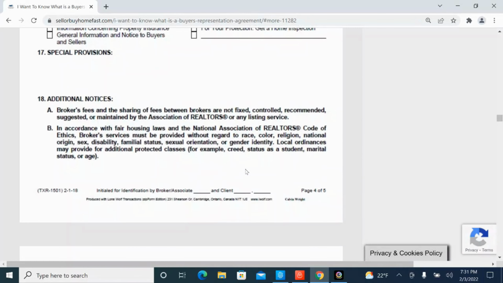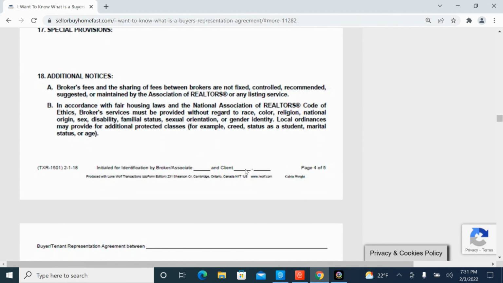Broker fees, insurance fees by the brokers are not fixed, and this is what we talked about before. It's not fixed, it's not controlled, it's not recommended or suggested or maintained by the Associated Realtor or any listing service. So it's letting you know that the broker's fees are not fixed fees.